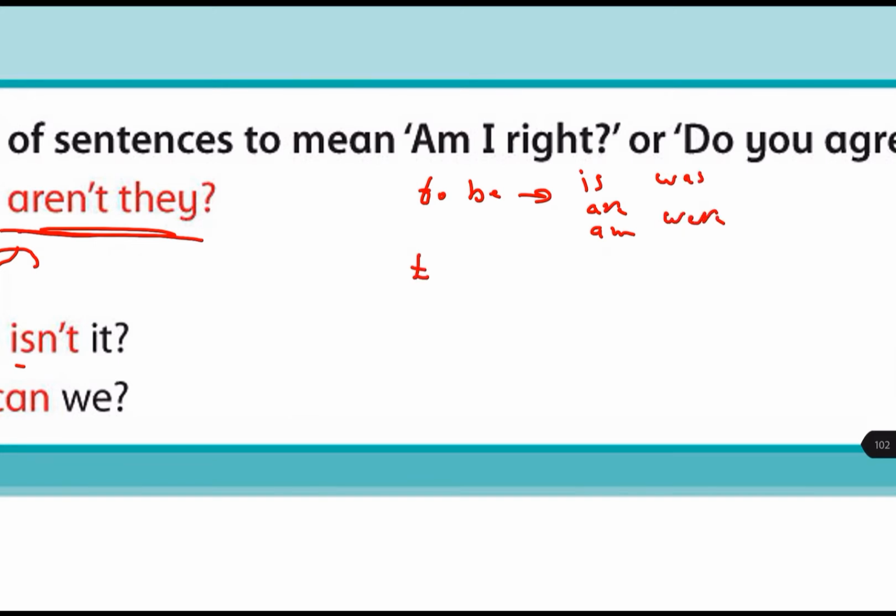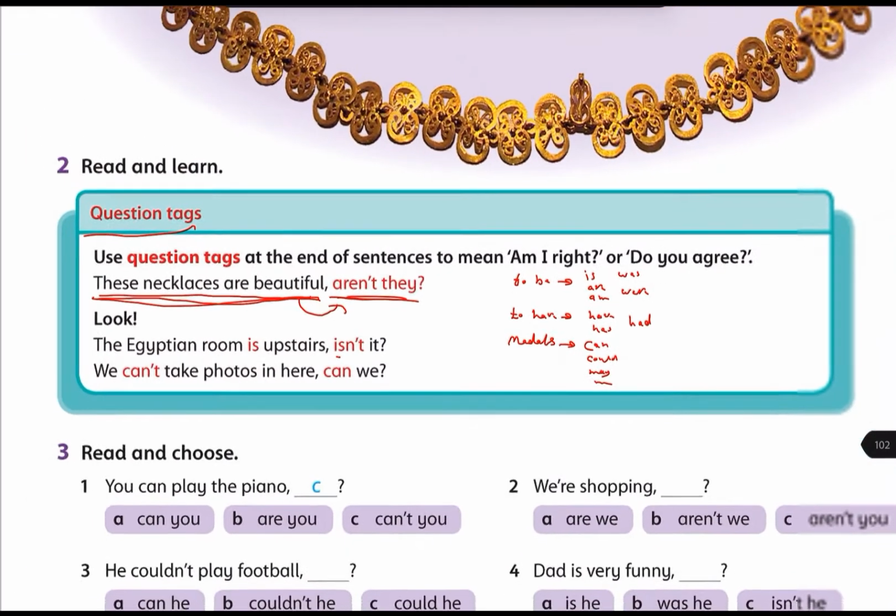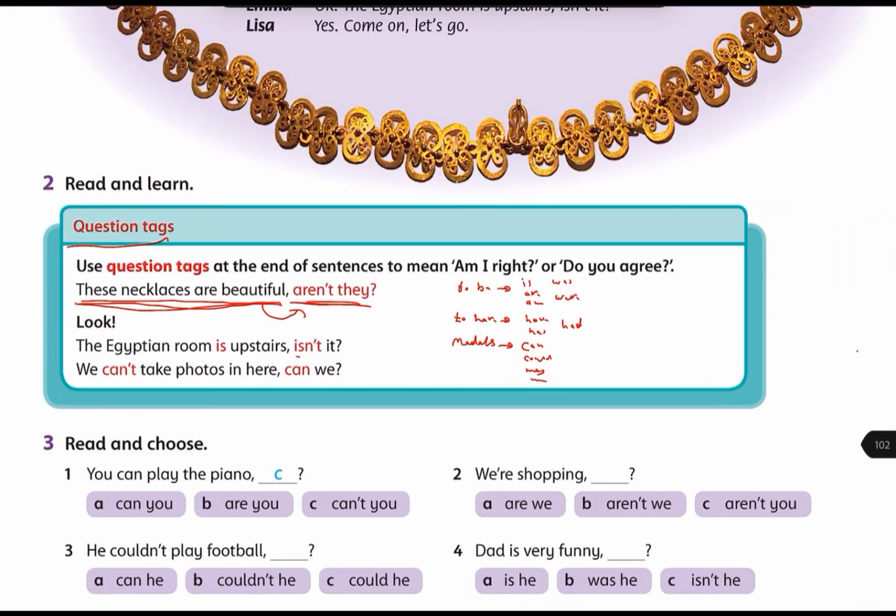Verb to have: has, had. Modal verbs. Modals, we studied before. Modals are can, could, may, might, would, will, and so on. Whenever we have these auxiliary verbs, we have to use them for question tags.